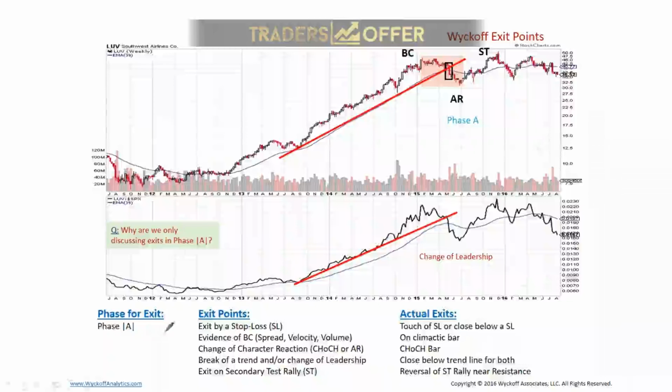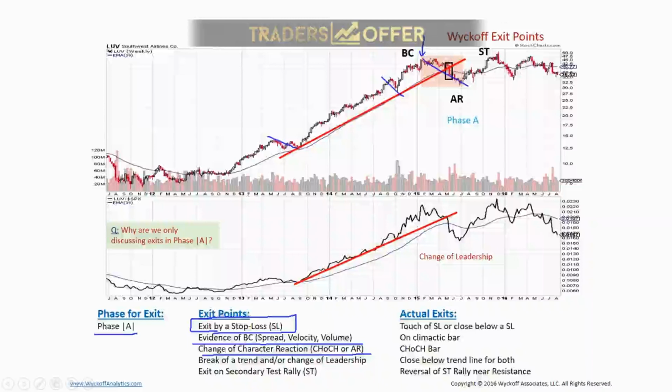So what are the exit points here in phase A? Well, obviously, just by the stop loss, the ones that you're going to use either with significant bars or any other techniques. Evidence of the climactic action where the spread velocity and volume increases, so something like this. Change of character. And we know how change of character acts. We want to have the largest reaction in the trend that has been established and it has been going up for some time.